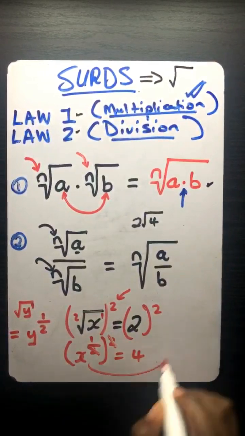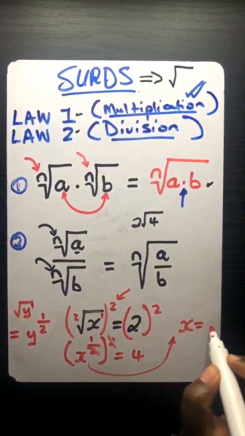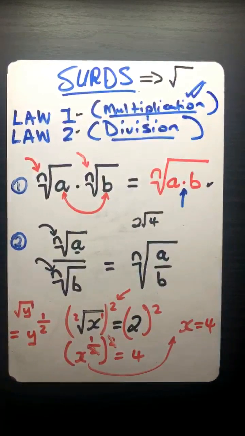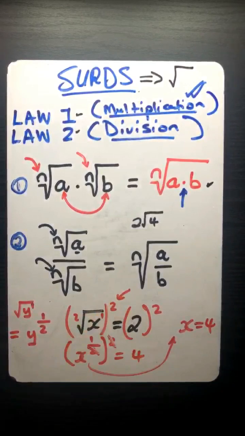Then you end up having x to the power of invisible 1, which equals 4. I'm not sure if it makes sense. What I just wanted to explain is for you to understand why we always remove a square root by 2. Do you now understand why you remove a square root by power of 2?